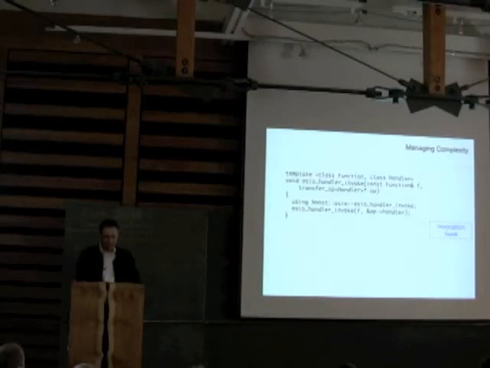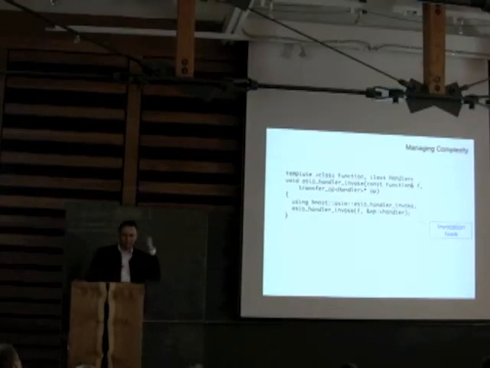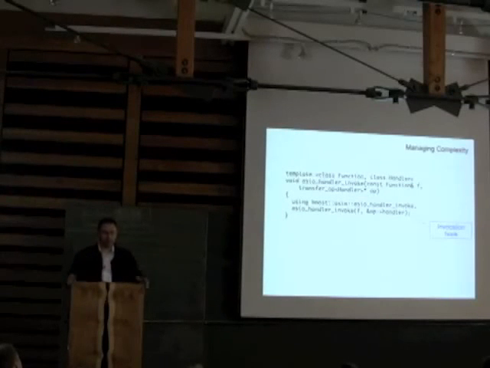Now, passing the buck on threading means you need to implement one of these customization points, because unlike the previous case where we were customizing it to do a scope lock on a mutex, in this case we're customizing it to pass the buck to the next guy up the chain. That's what pass the buck is all about: deferring responsibility on how things are invoked.